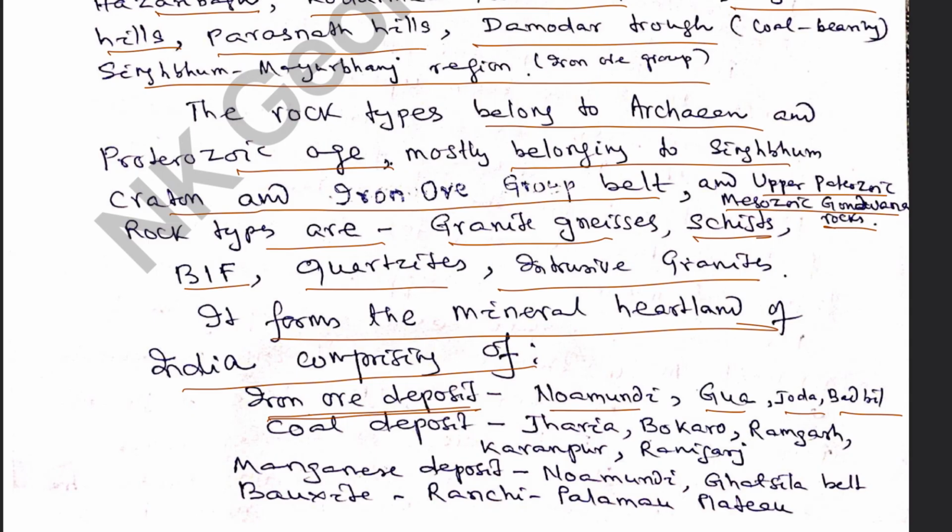in parts of Jharkhand, Chhattisgarh, Bihar. Coal deposits occur in Jharia, Bokaro, Ramgarh, Karanpura, Raniganj, in parts of Bihar and Jharkhand. Manganese deposits in Noamundi, Gorumahisani belt, bauxite in Ranchi, Palamau district, Palamau plateau.